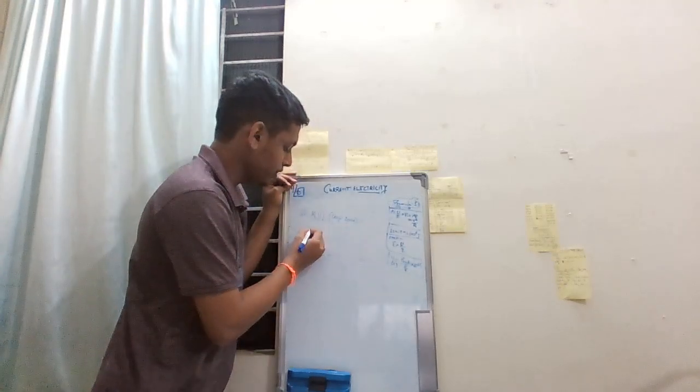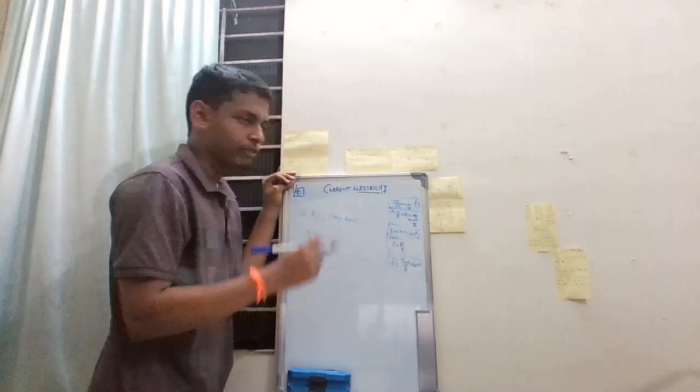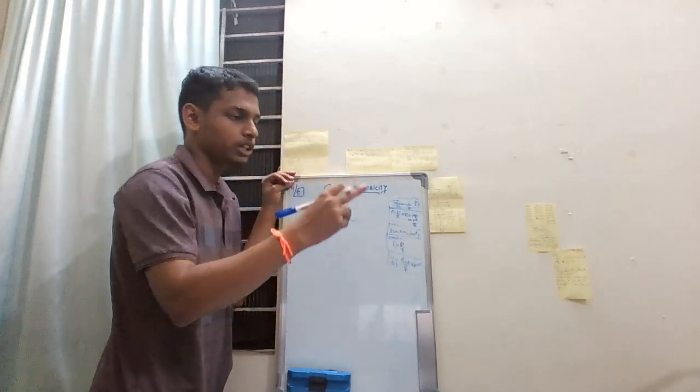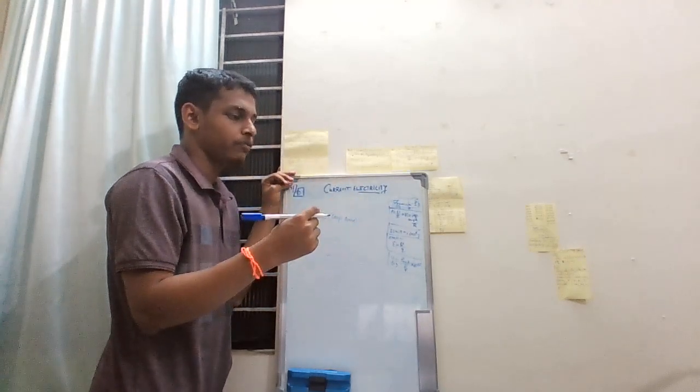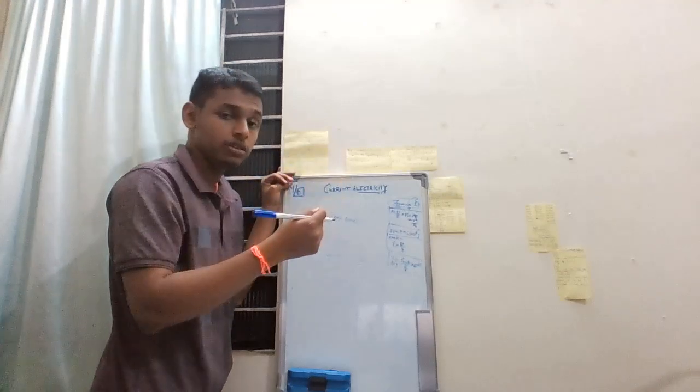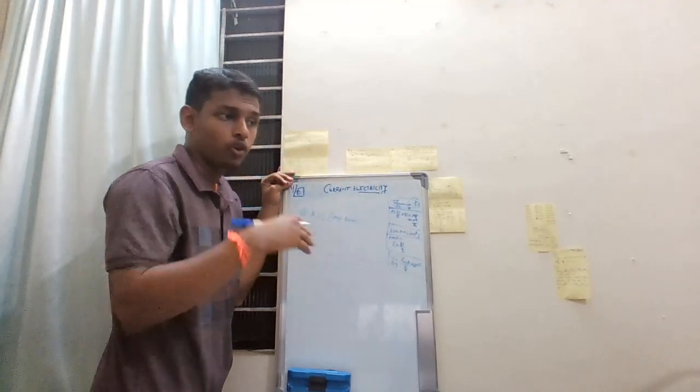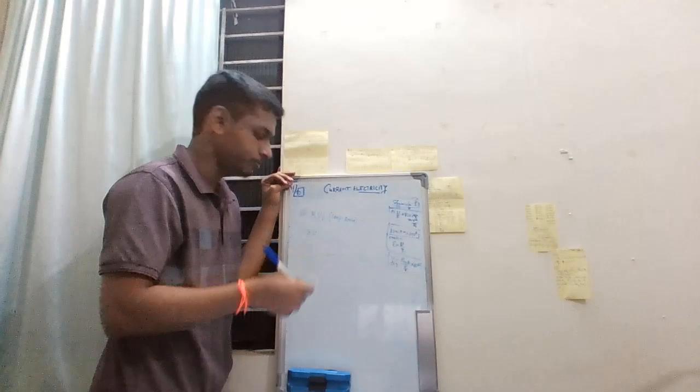So basically, when we go around a closed circuit and arrive back where we started in a loop, the sum total of all the potentials will be 0.